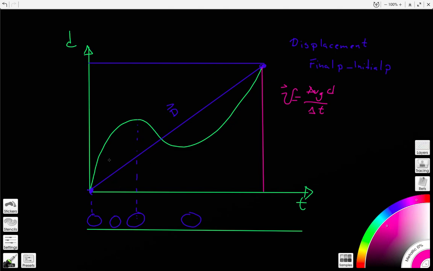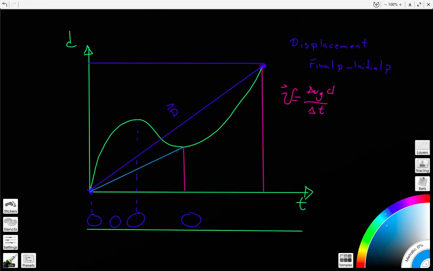Remember that we started already working with limits, and what we started doing was reducing this interval of time. So if I analyze my average displacement, but not between the final position and my initial position here and my final position here, but rather, let's say from here 0 to now this new point right here, I would have a new displacement vector starting from here again, but now ending up here.